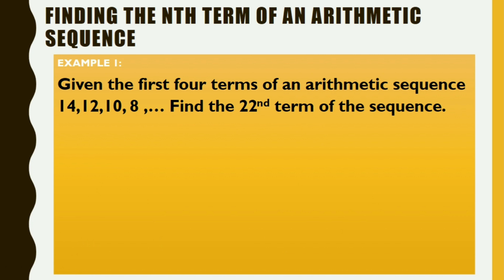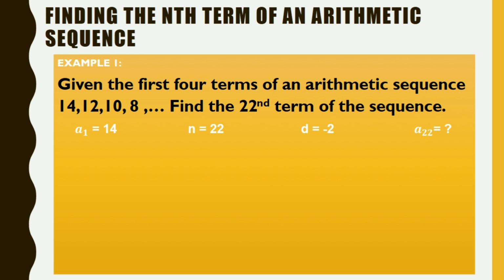Given our example number 1, given the first 4 terms of an arithmetic sequence, 14, 12, 10, 8, and so on, find the 22nd term of the sequence. So we will first write the given.